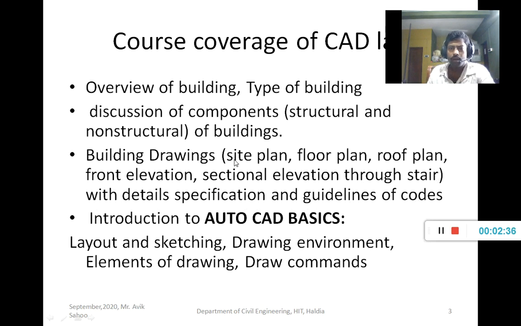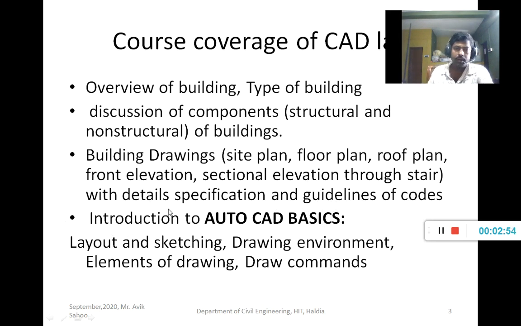We have to follow the guidelines mentioned in the code to develop the site plan, different architectural plans, as well as the different drawings.